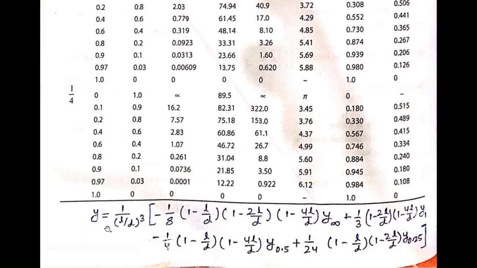This is the interpolation. Your L by D ratio is 0.4, so put here 0.4.